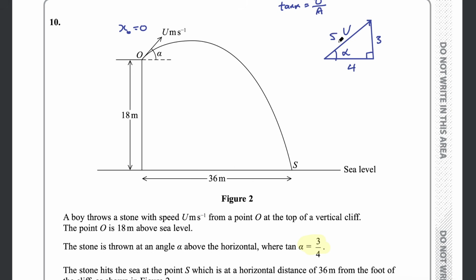And of course, that doesn't tell us the actual size or magnitude of that vector. It's just the ratio, but that's all we really need for now. So we can also find, therefore, the cosine of alpha and the sine of alpha. So cosine of alpha, adjacent over hypotenuse, 4 over 5. And the sine of alpha, opposite over hypotenuse, 3 on 5.